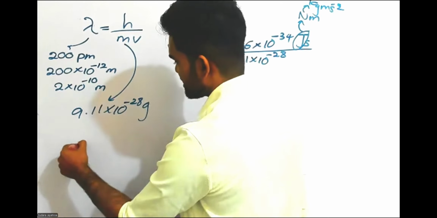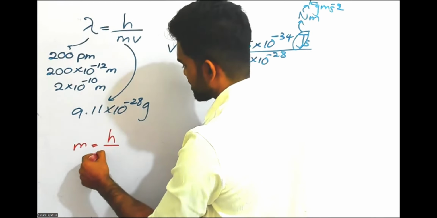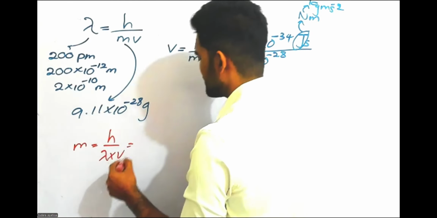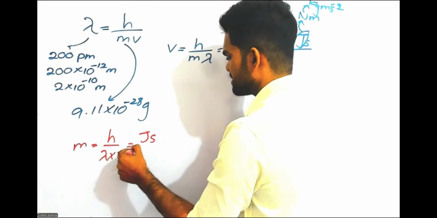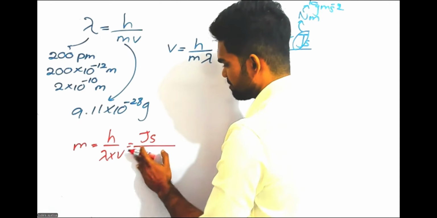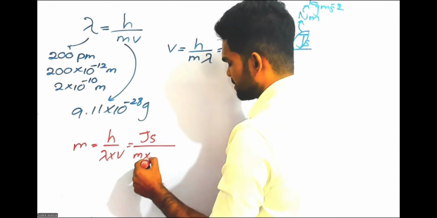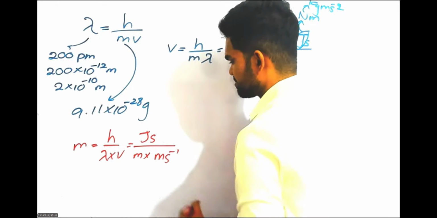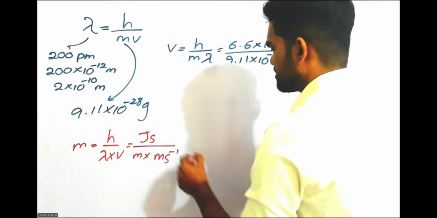If you put m as the subject, m equals h over lambda into v. Now substitute the units: joule seconds for h, lambda is wavelength in meters, and velocity in m s^-1.